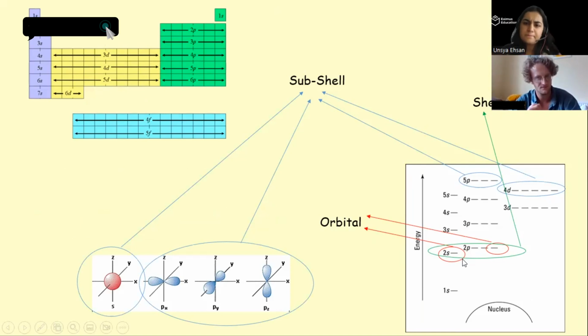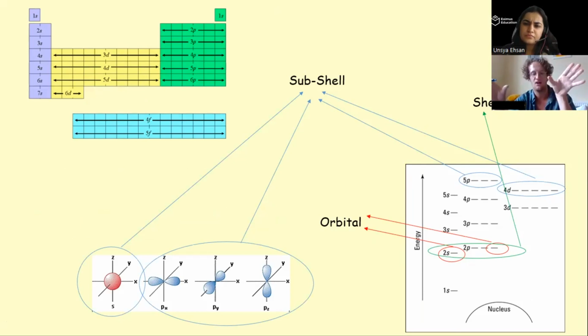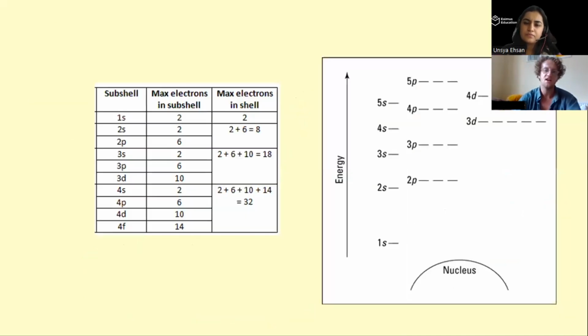So that is the basic outline of just what we need to know. And then the main thing is just we're going to practice how we put the numbers into that.